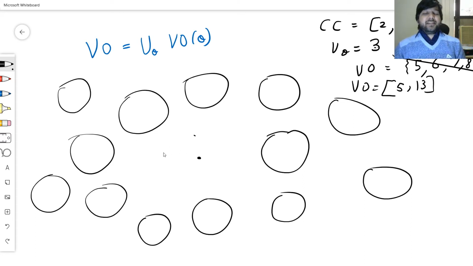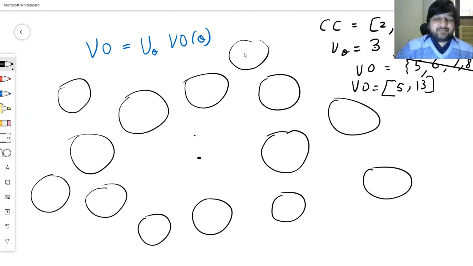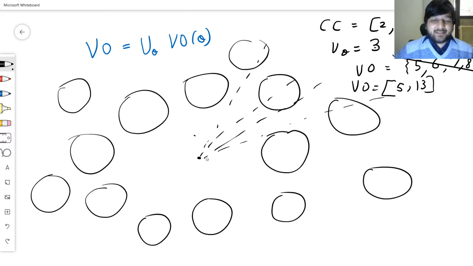Now the problem is you won't be able to find even a single free speed. Let's take a random direction. Here I incur collision, here I incur collision, here also I incur collision, here also, here also, here also.